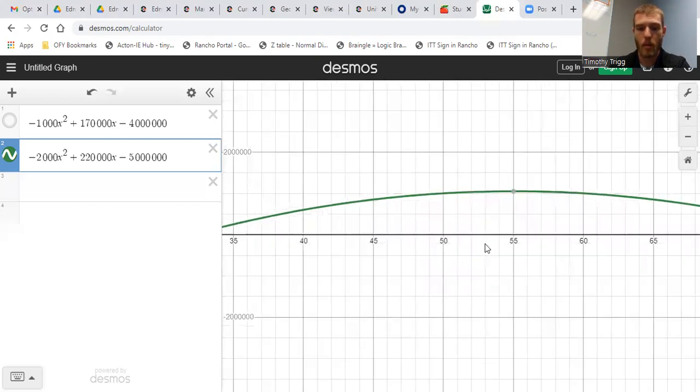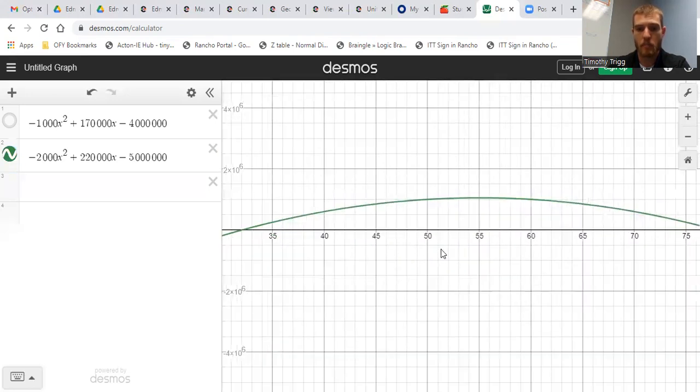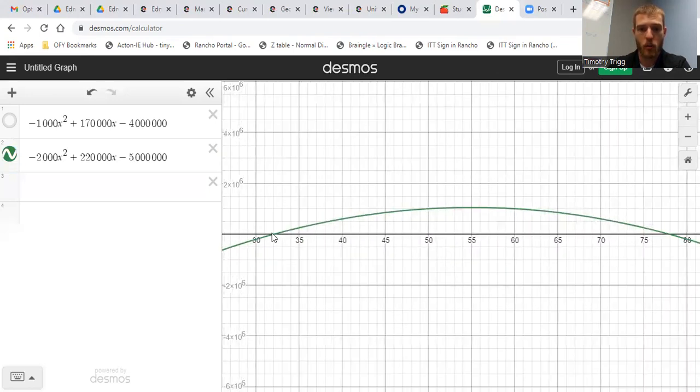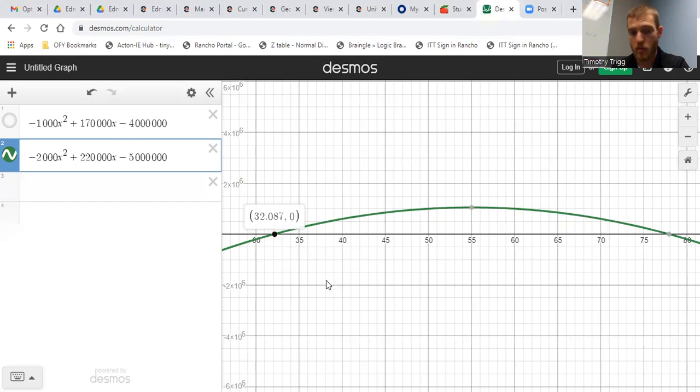You can see from this profit graph that she will earn a profit. Let's also look at the x-intercepts here. If she sells at $32 or at about $77.91, anywhere in this gap represents a profit.